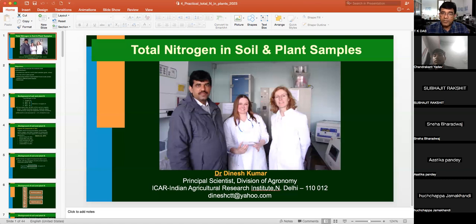So 60 kg nitrogen will come from organic materials, which is called mineralizable nitrogen, or potentially mineralizable nitrogen, or readily oxidizable nitrogen. There are three different names. If we know the contribution of nitrogen that will come from organic sources, then it will help us to reduce the amount of fertilizer.